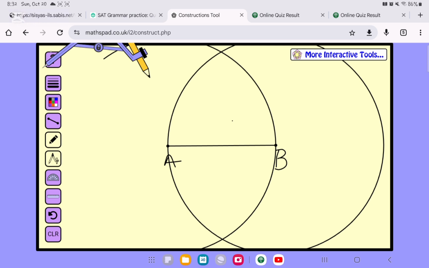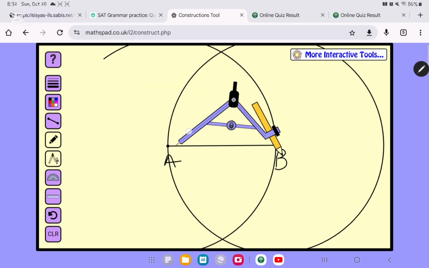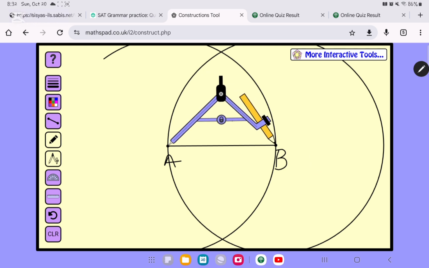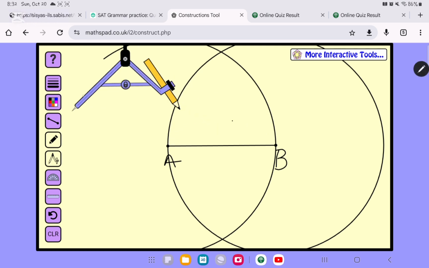So what did we do first of all? We took our compass and we measured the radius of AB. After that, we drew an arc with radius AB from center A, and then we drew an arc with the radius AB from center B, and then the two arcs, they will meet at what?